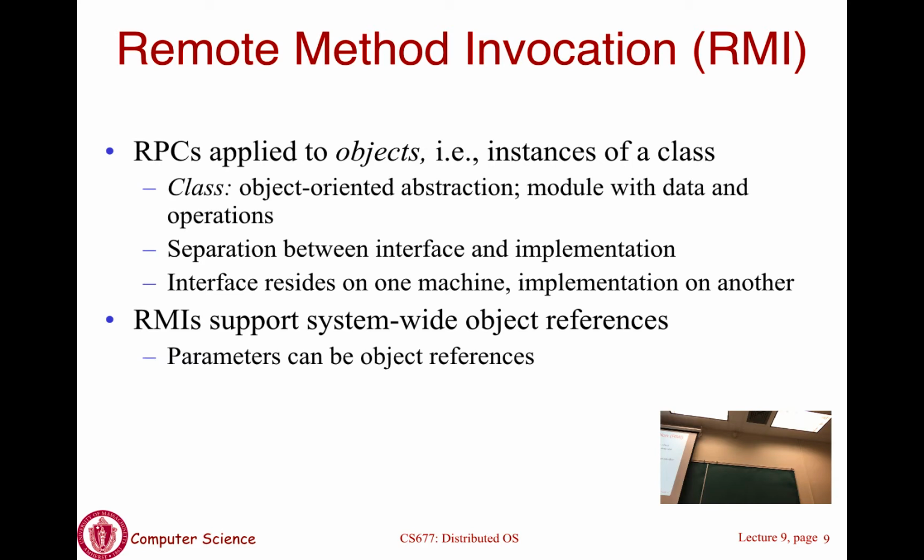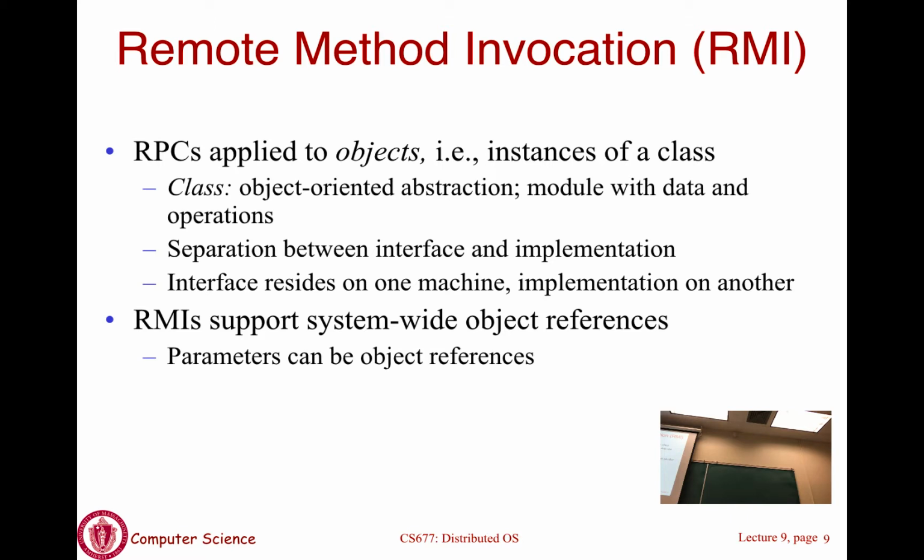The way we are going to extend this notion of objects having methods on them to include RPCs is to have some methods invoke remote methods. So think of a class that you write in Java.